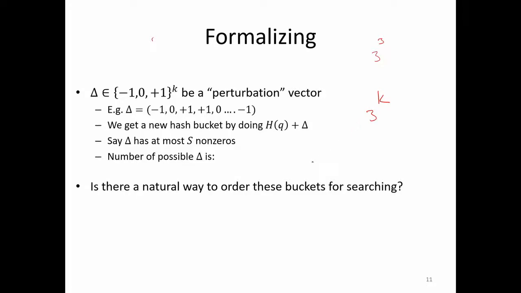Is there a natural way to order these probing buckets for searching, so that you search them in a certain order, and once you have a sufficient number of data points, you just stop the search? This is somewhat related to the entropy-based LSH, where you have a natural ordering of the probing buckets.